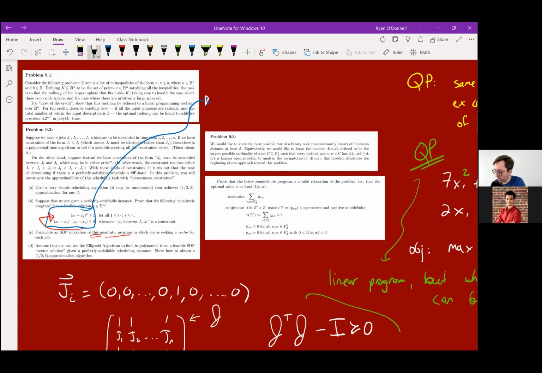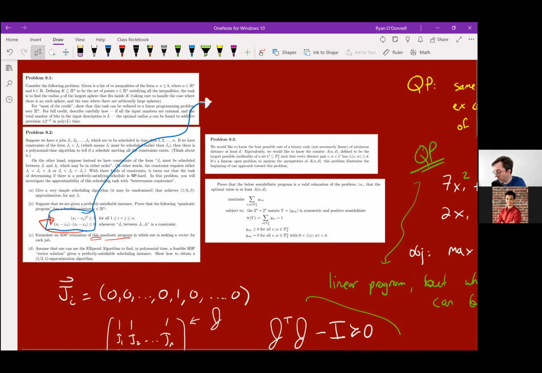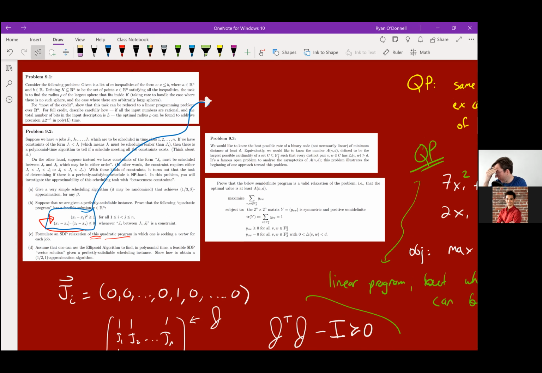Each of the terms is of degree 2, so it gives you degree 2 polynomials, and we can probably exploit that using this trick.